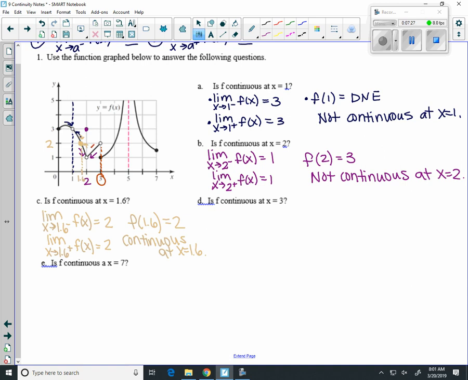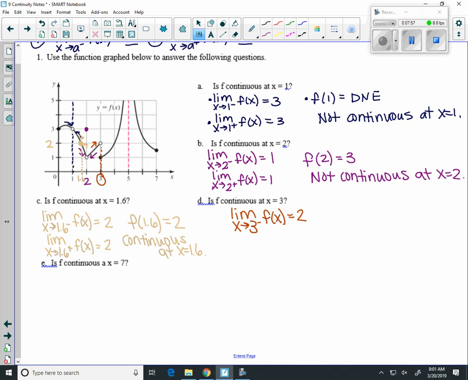So from the left, we're approaching 2, right? Again, our limit is about the trend of the graph. If everything kind of went as planned, where is it going? It's not about what's actually happening at the point. It's about what's happening as we get really, really close. So as we approach 3, our graph is going to 2 from the left.